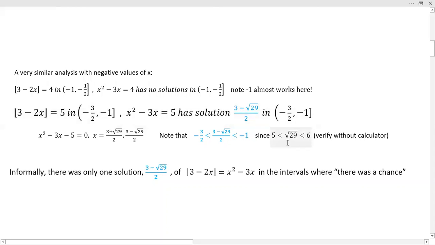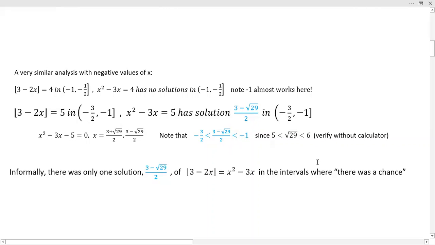This is almost like an intermediate algebra problem all by itself. This proposed solution is bounded below by -3/2 and above by -1. It follows from the fact that 5 is less than root 29 is less than 6. Again, that was done without calculators. This thing took me like 7 or 8 hours. So we have a single solution.